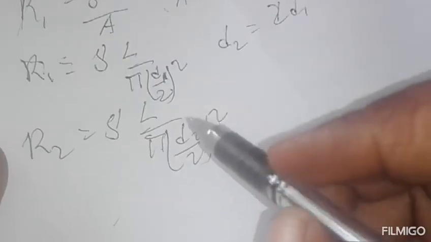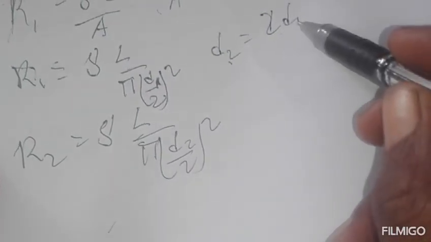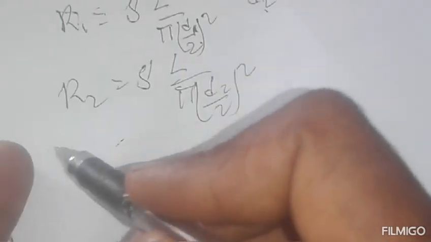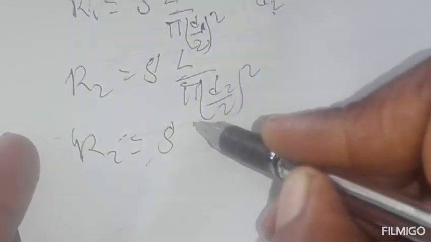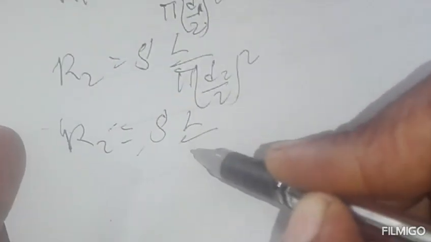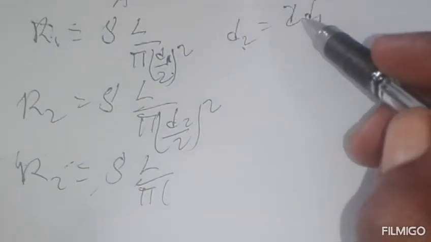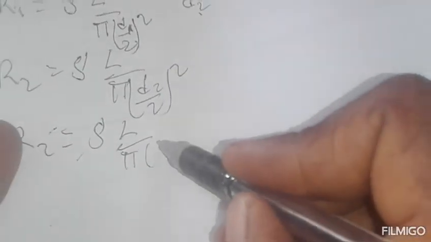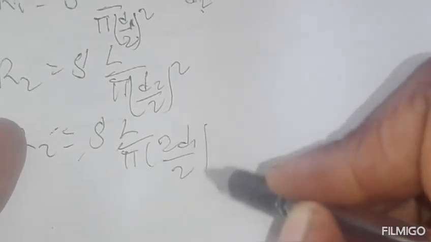Then substitute instead of diameter 2 twice of diameter 1. Then resistance 2 is equal to resistivity of the material times length of the wire over pi times twice of diameter 1 over 2 the whole square.